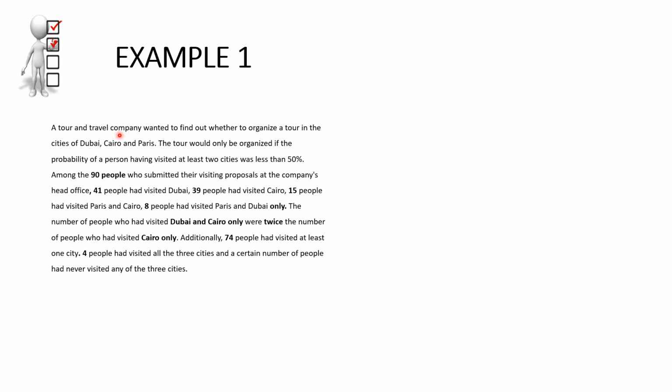A tour and travel company wanted to find out whether to organize a tour in the cities of Dubai, Cairo, and Paris. The tour would only be organized if the probability of a person having visited at least two cities was less than 50%. Among the people who submitted their visiting proposals at the company's head office, 41 had visited Dubai, 39 had visited Cairo, 15 had visited Paris and Cairo, 8 had visited Paris and Dubai only.